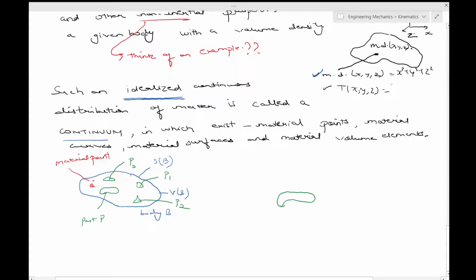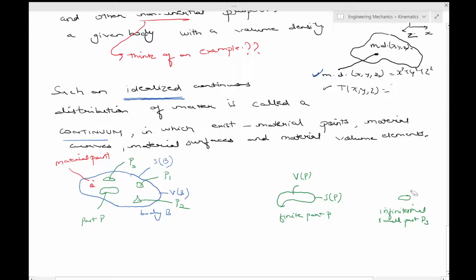So this is a finite part P. This will also have a volume and this surface, or you can have an infinitesimally small part, say P3. P3 is this infinitesimally small part, and it will have its own dVP and dSP or whatever you want to call it.